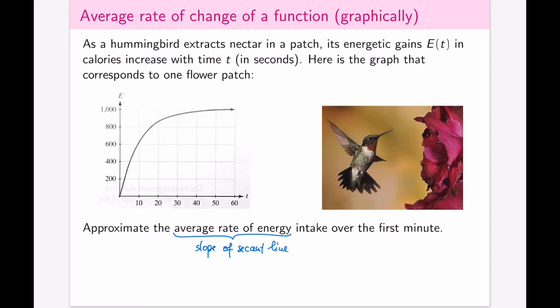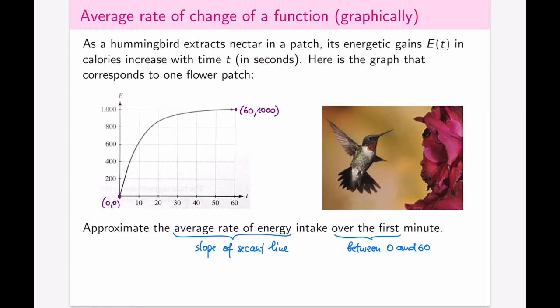Now, over the first minute means between 0 seconds and 60 seconds. So I'm looking at 2 points on the graph, the 0, 0, and the 60 and whatever the energy is. So let's actually label these points, 0, 0, and 60 seconds, and 1,000 for some units. So let's say 1,000 calories here, okay?